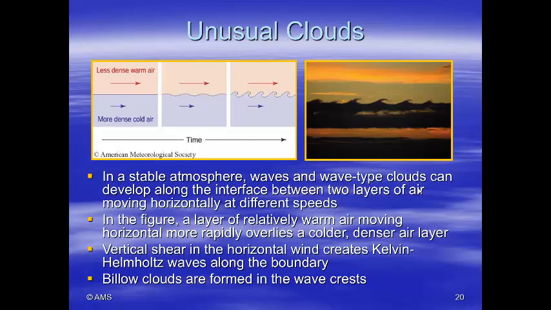If we have a stable atmosphere, so we have more dense cold air below and less dense warm air above, and the wind is blowing stronger in the less dense warm air, what we'll start to see is these ripples form, just like you would see ocean waves form by strong winds blowing over the ocean.